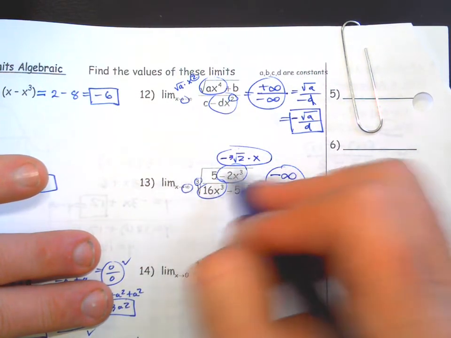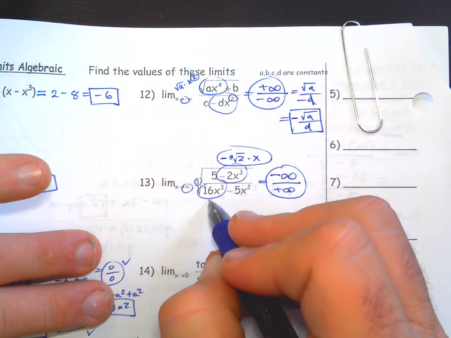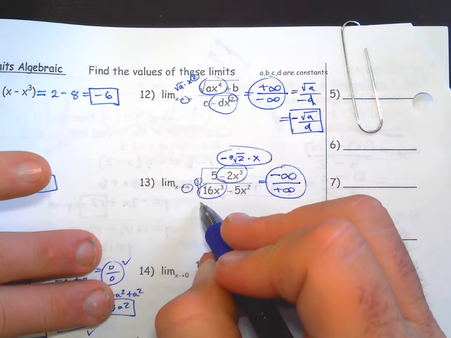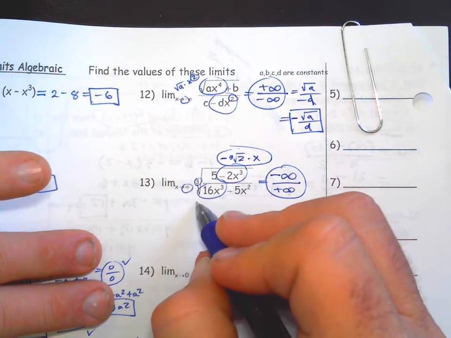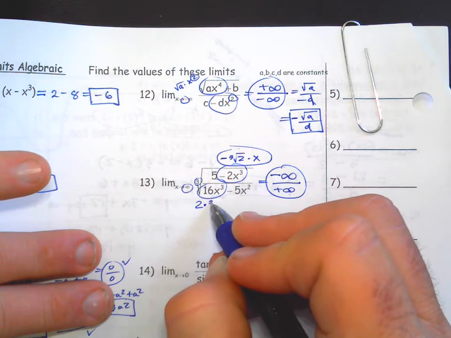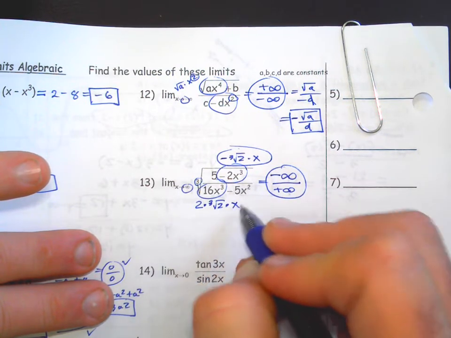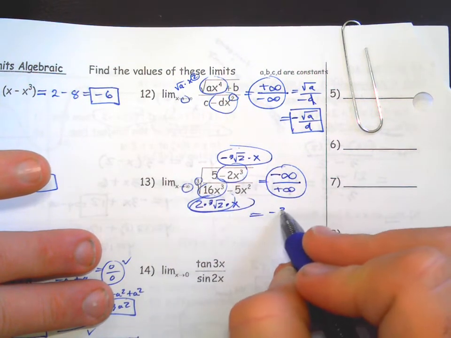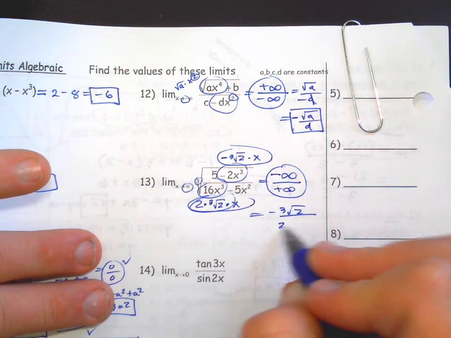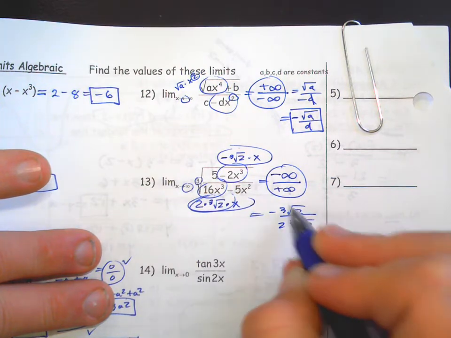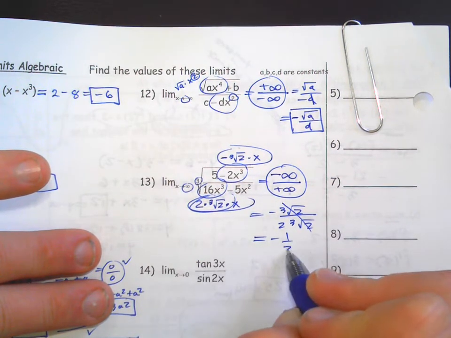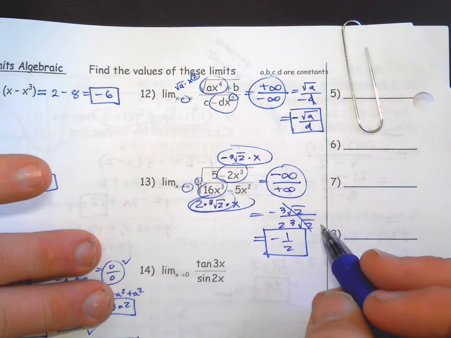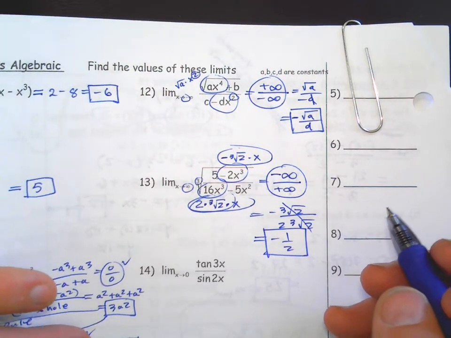We don't do absolute values on these ones with the odd roots. You can take the cube root of 8 out, and then there'd be still a cube root of 2 left. So it's going to be negative cube root of 2 over 2 cube root of 2. So it's going to be negative 1/2.